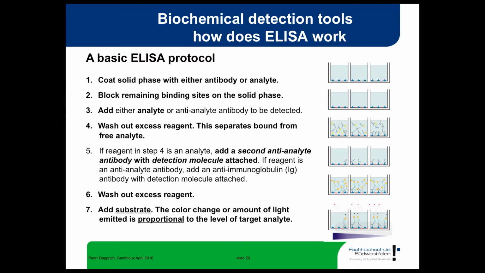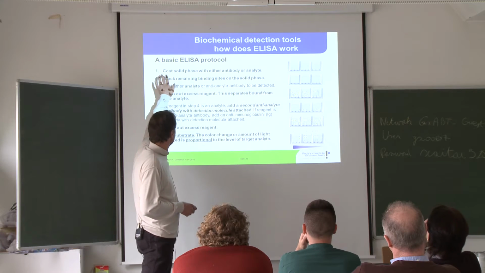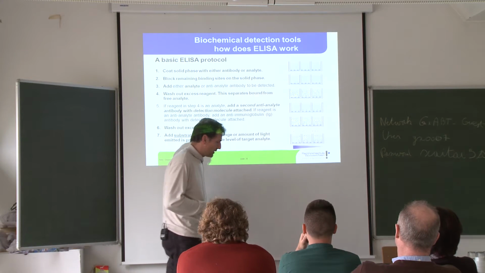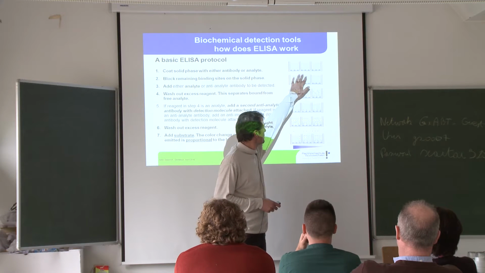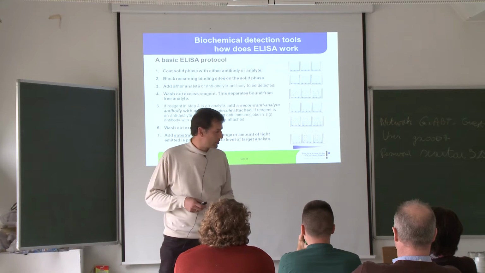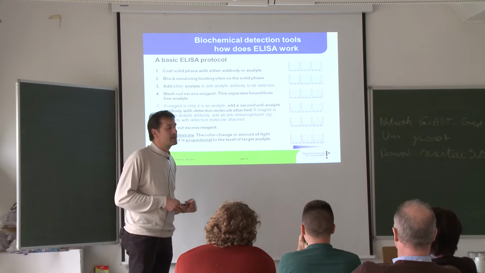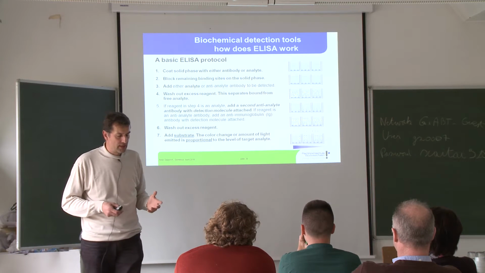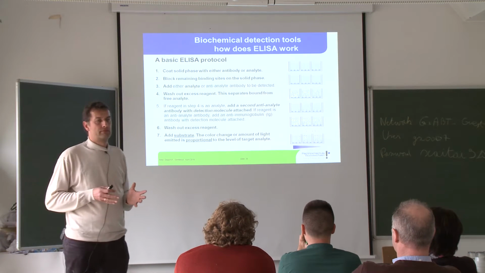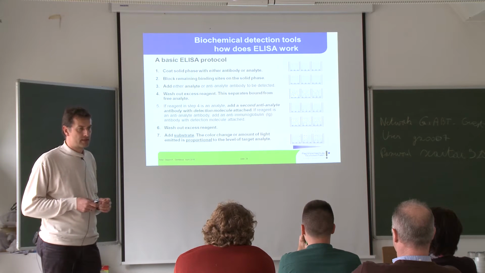This is the way of an ELISA. I tried to animate, but I couldn't deal with those two sides, so just let me put it one after the other. First, you have a solid phase where your antibody is coated. The solid phase is usually this plastic ELISA well. I'll show you a picture later. Then you need to block surplus binding sites, and because you want to quantify, if possible, in one step.